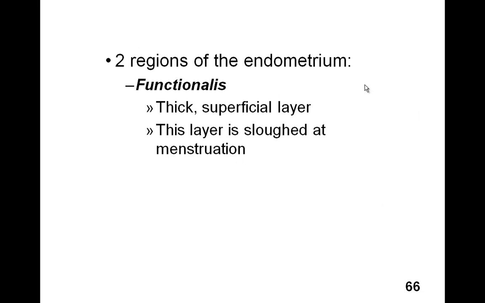If we break down the zones of the endometrium, we'll find that there are 2 distinct regions. The outermost region that borders the lumen is known as the stratum functionalis. This is the layer that actually detaches and sloughs away, passing out of the uterus through the vagina during a woman's monthly menstrual cycle.